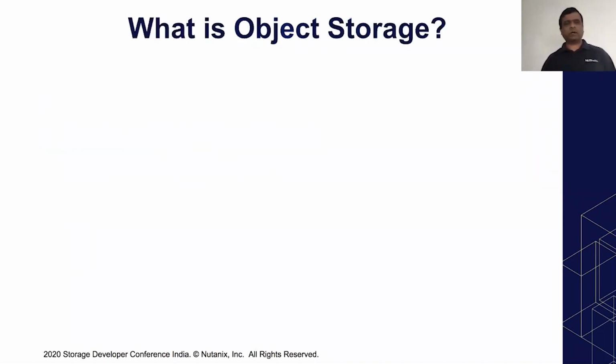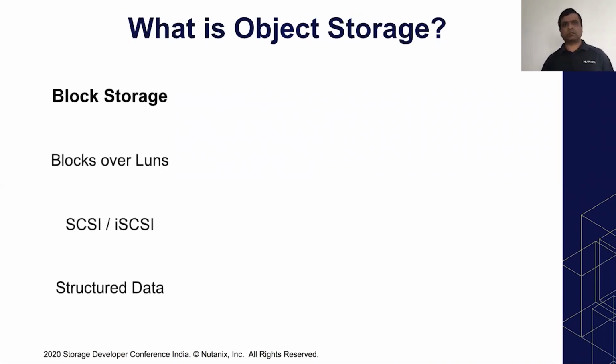So let's first look at the what of object storage. Storage today can be consumed primarily in three different ways. The first is block storage, where storage is consumed as blocks over LUNs. There is no namespace. You only consume LUNs at offsets and length.